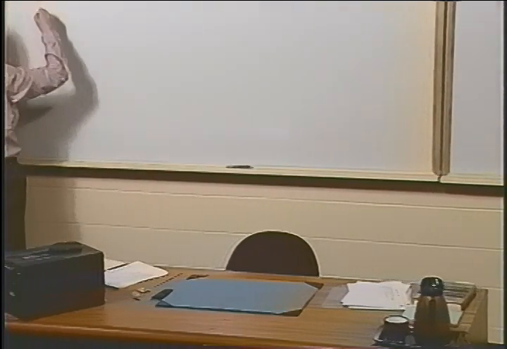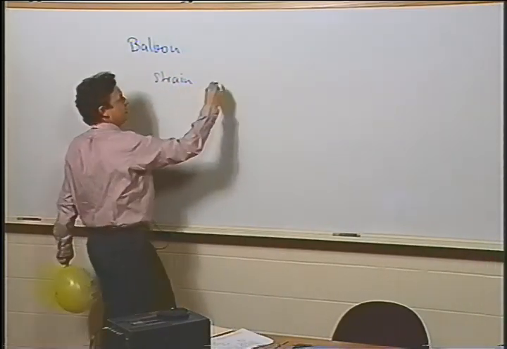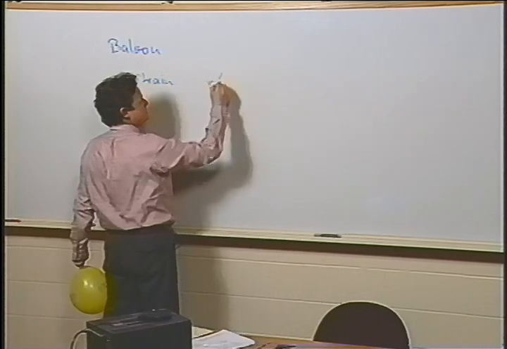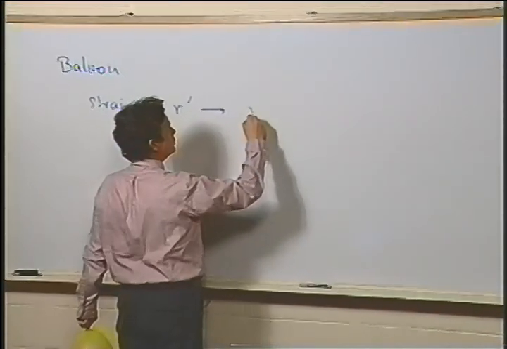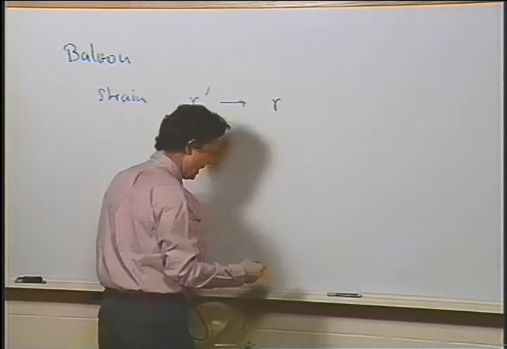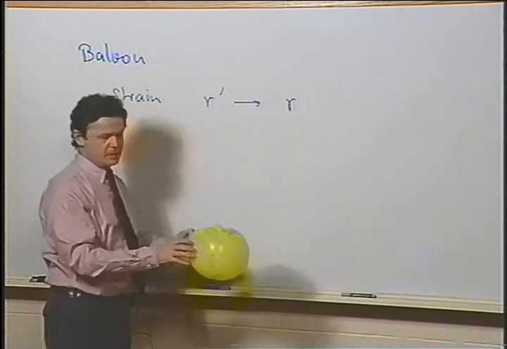For the balloon, the strain can be observed by us. We're saying the radius r prime goes to some new radius r, and in most cases, in this case, the new radius is larger because I'm blowing up.